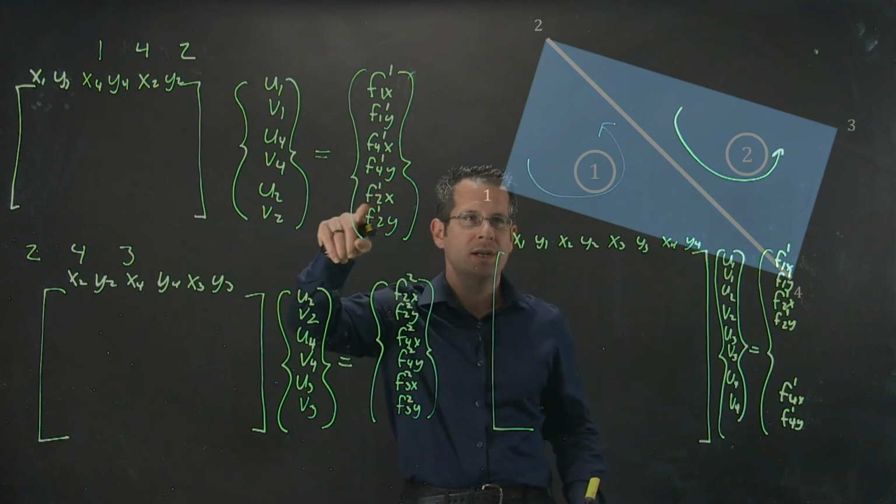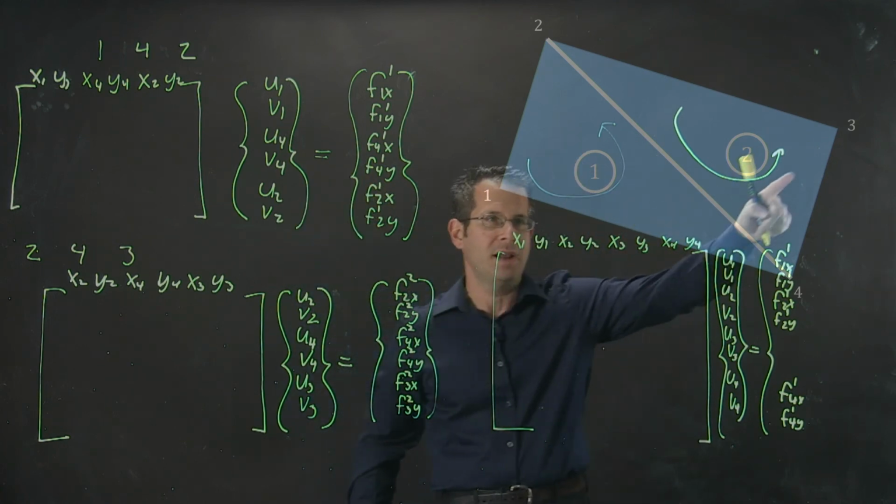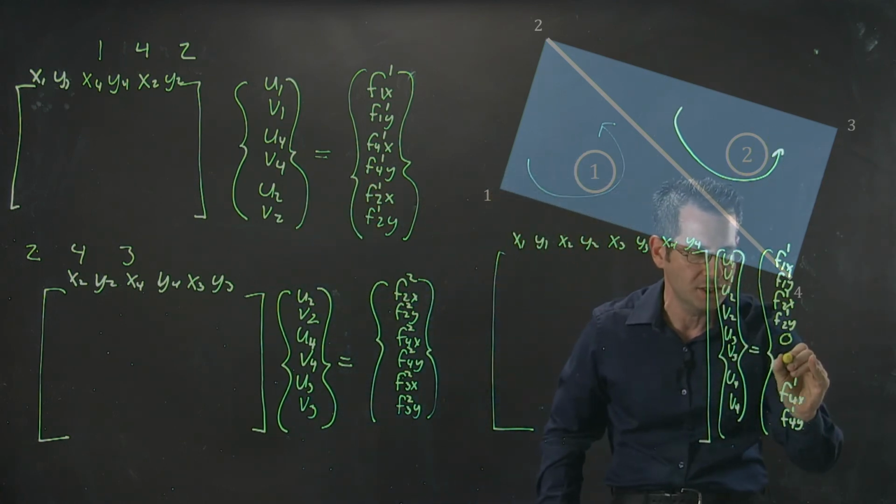There's nothing in the first element involving the third node, so this will be 0, 0.